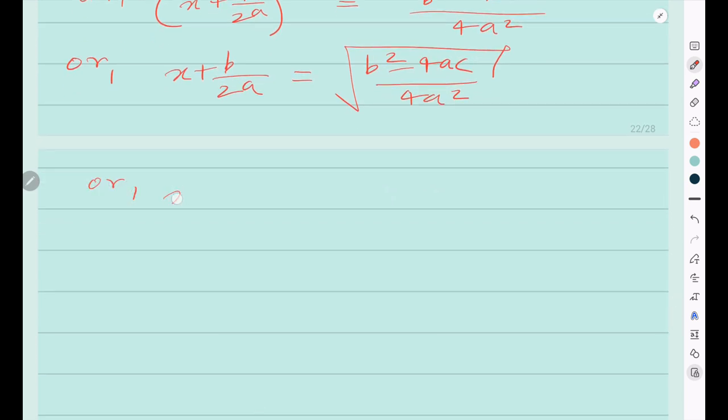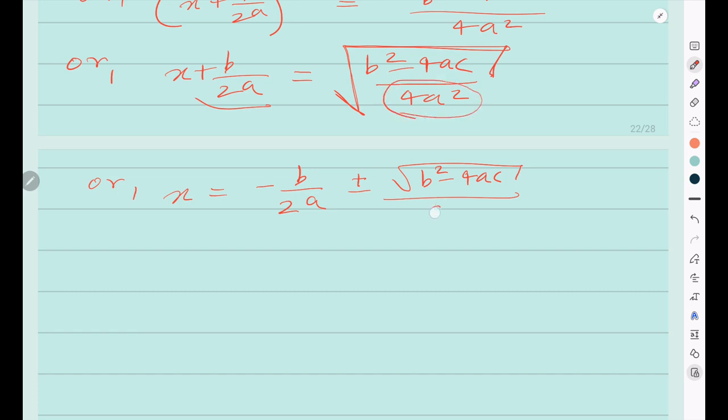Or we can write x will be equal to minus b divided by 2a, bringing it to this side, and then as this is a square root, this could be either plus or minus the square root of b square minus 4ac divided by the square root of 4a square, that is 2a.